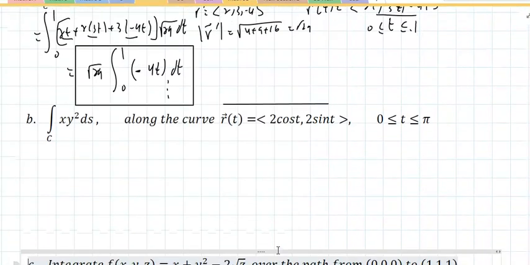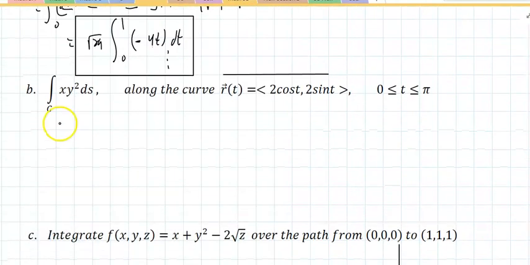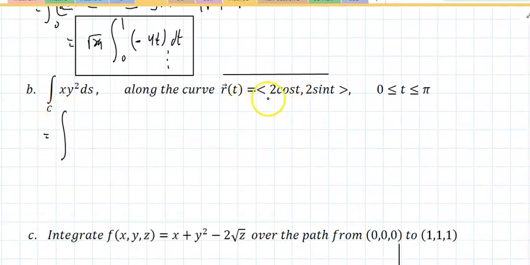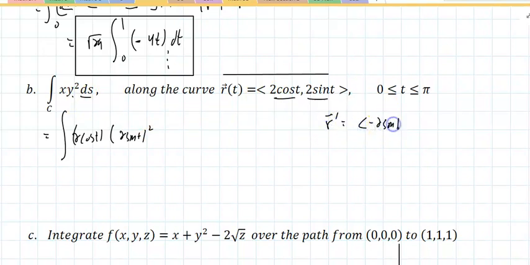How about this problem? Well, the same deal, actually. If you think about it, in this section, they're really straightforward. That right there is the integral. Well, they gave us r. I don't have to find it. X is twice the cosine of t. Y is twice the sine of t squared. And ds, if I take r prime, that is negative twice the sine of t, twice the cosine of t.